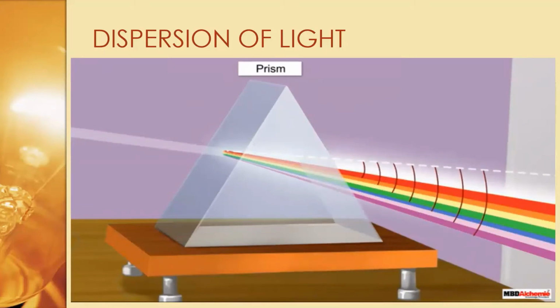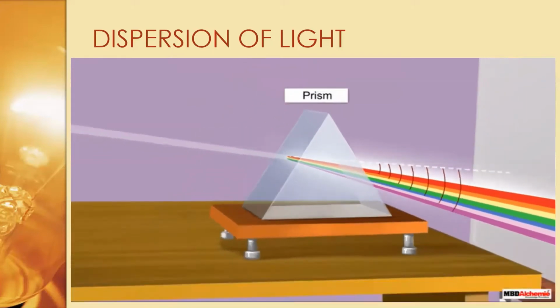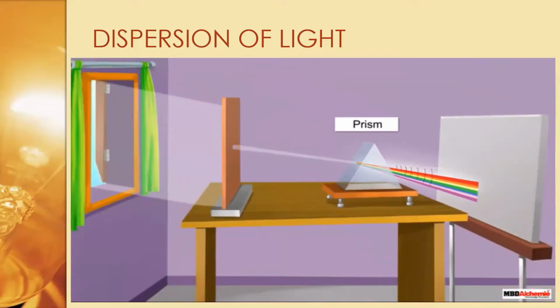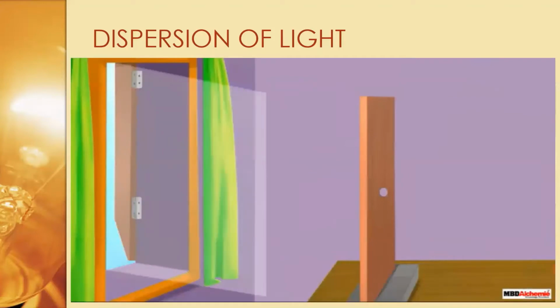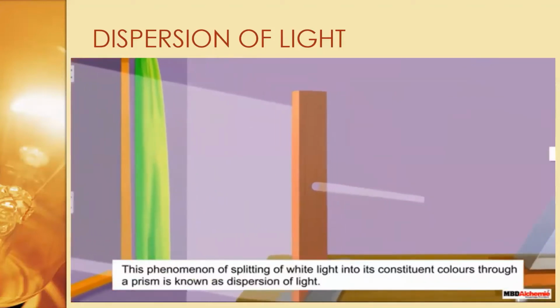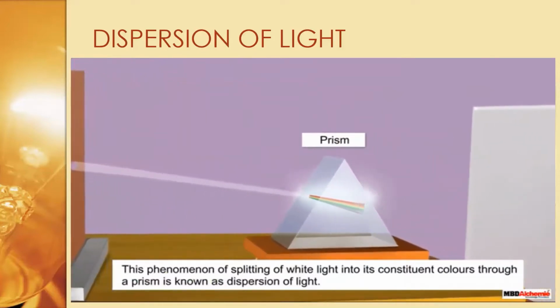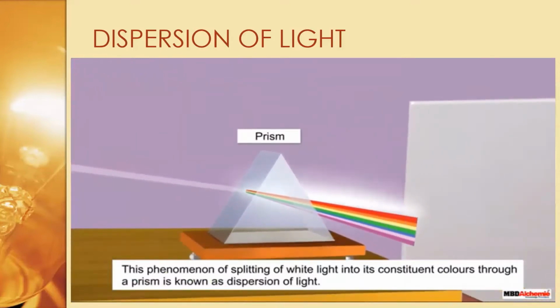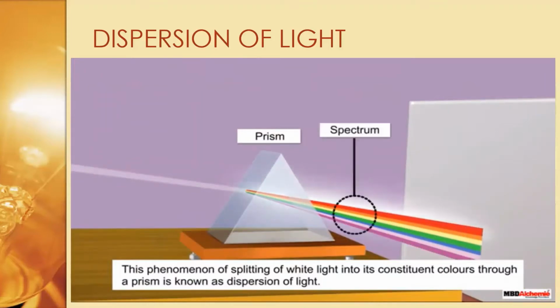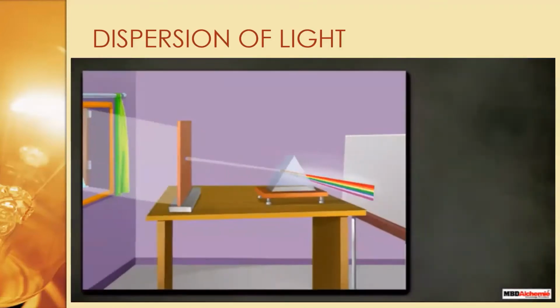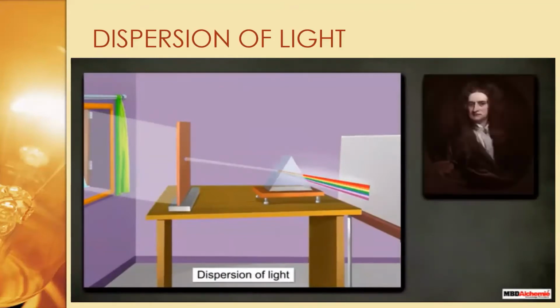Thus, the rays of each color emerge along different paths and become distinctly visible. Thus, we are able to see the beautiful band of colors. This phenomenon of splitting of white light into its constituent colors through a prism is known as dispersion of light. The band of constituent colors is known as spectrum. This phenomenon was first discovered by Sir Isaac Newton.